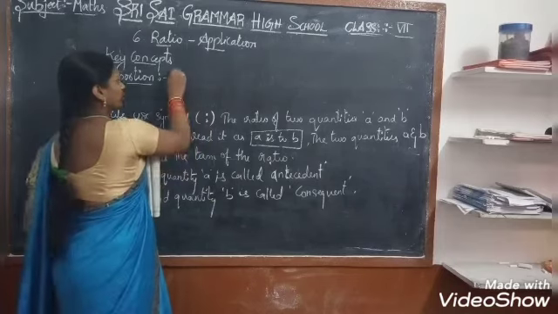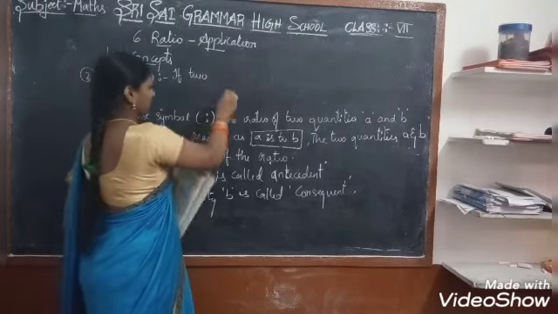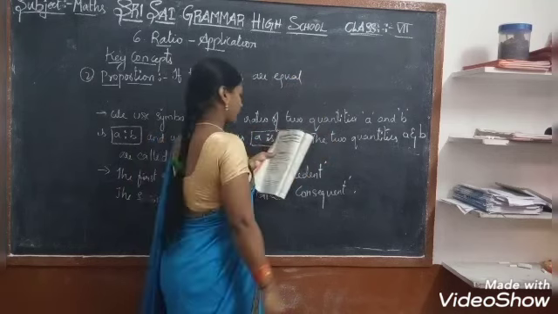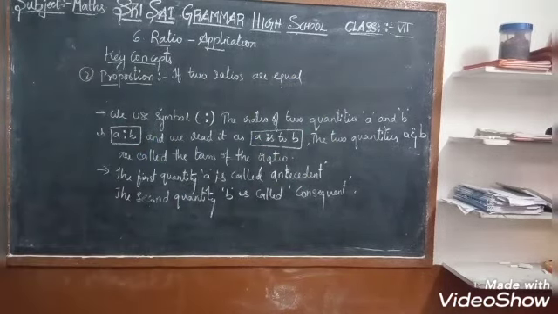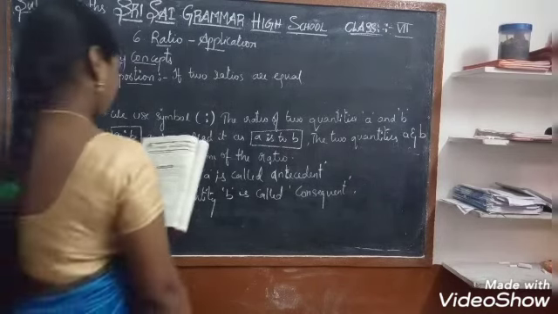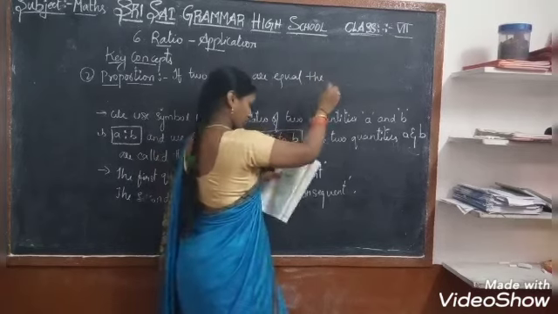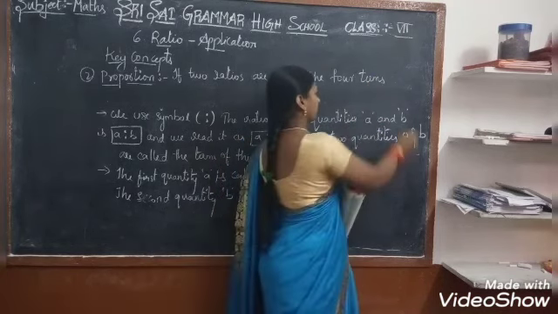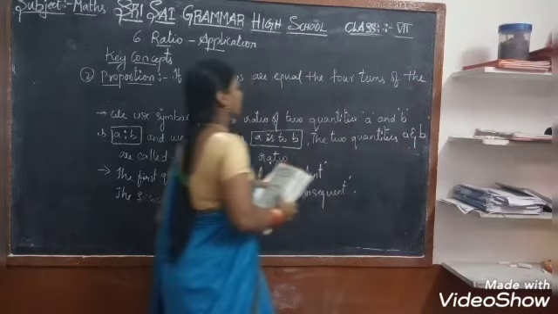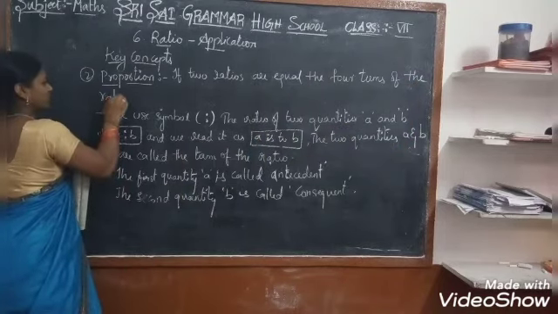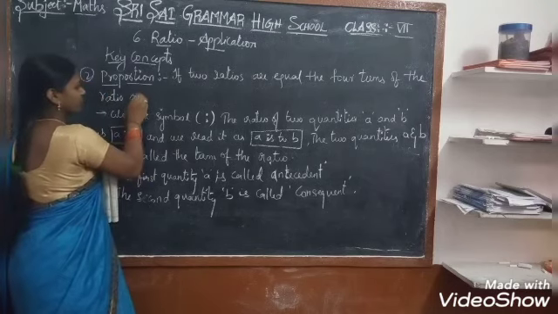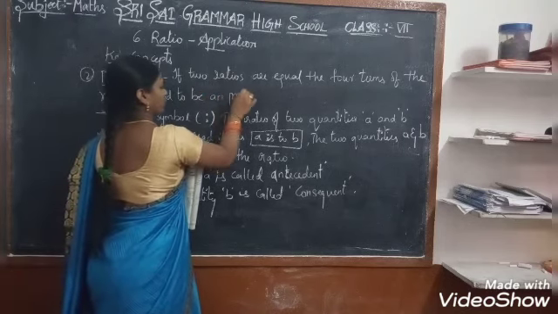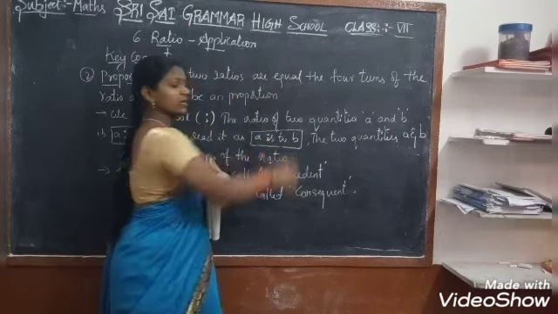Proportion: if two ratios are equal, then the four terms of the ratios are said to be in proportion.